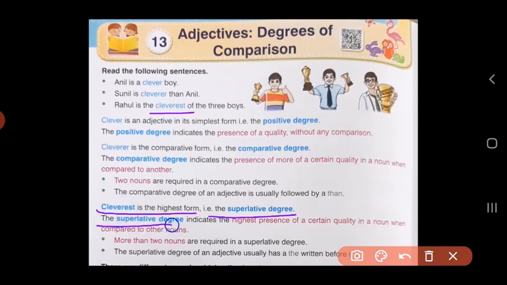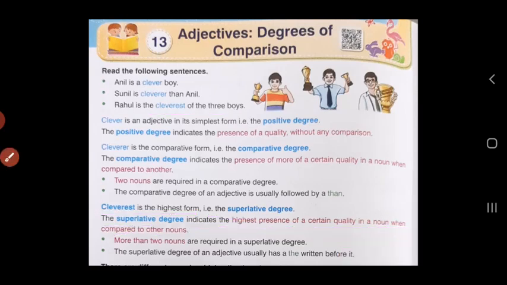The superlative degree indicates the highest presence of a certain quality in a noun when compared to other nouns. So here Rahul is compared to 3 boys. But out of all the boys, Rahul is at the topmost level. He is most clever. And that's why the word cleverest becomes the superlative degree.